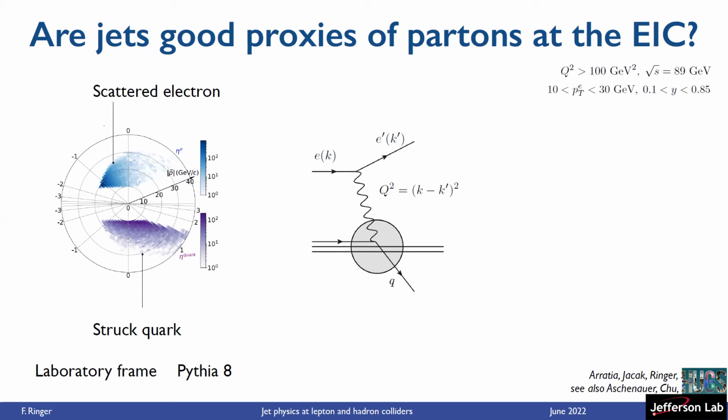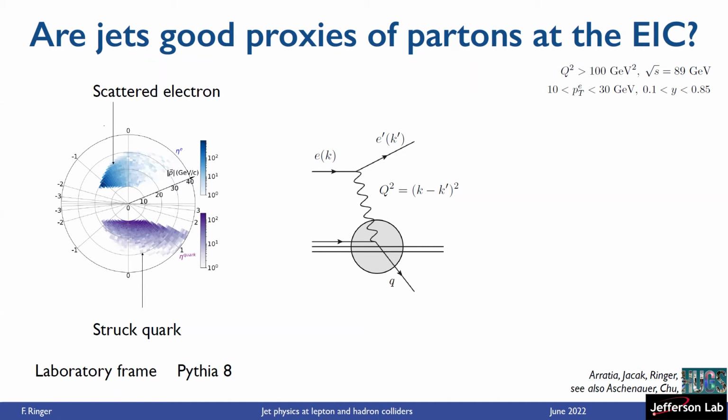In the radial coordinate is the 3-momentum, or the absolute value of the 3-momentum, of the struck quark. That's something we don't really have access to in experiment, but in the simulation we do. So we can take it as a first estimate to try to understand what's happening at these very low energies. On the angle here, you see the rapidity.